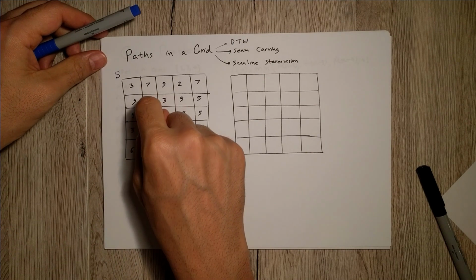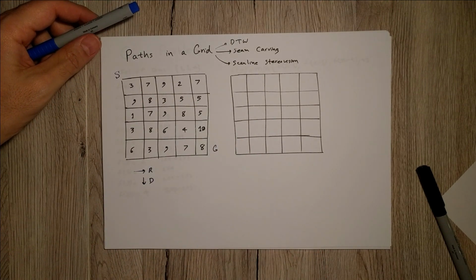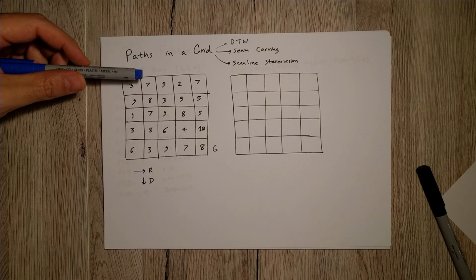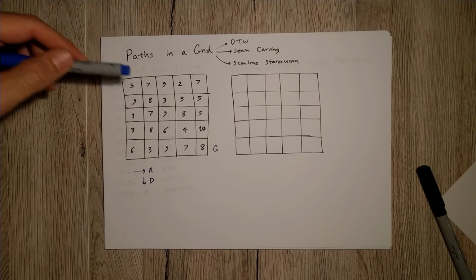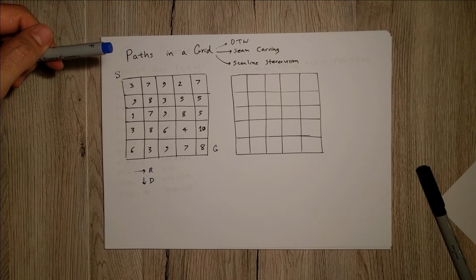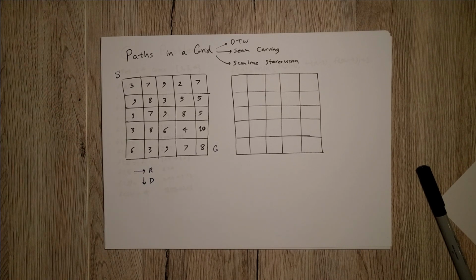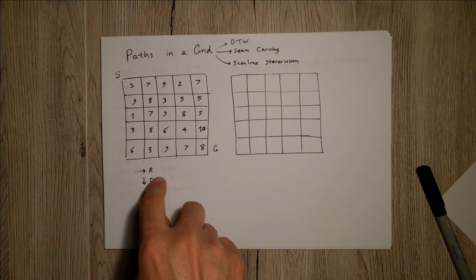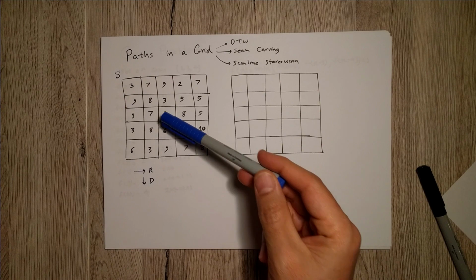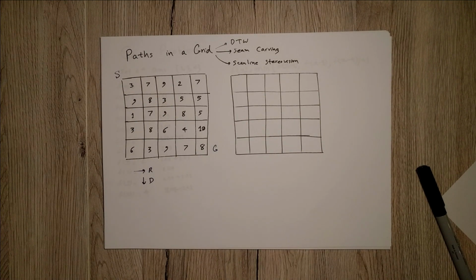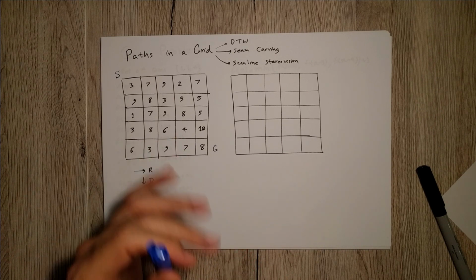The numbers that you can see here are the cost of traveling to that cell. For instance, if I'm here and I want to go here, the travel cost is 8. So these are the assumptions: limitation on moves, start and goal, and you can see the cost of each cell. So we are interested to have the maximum cost for going from start to the goal.